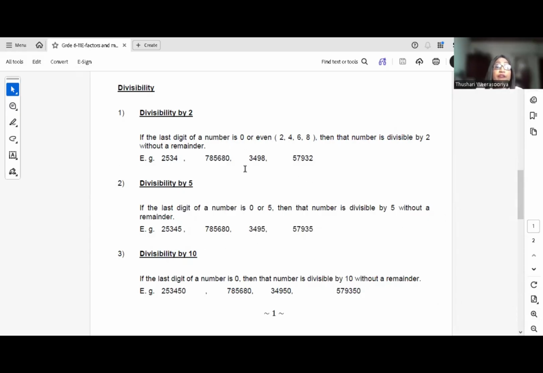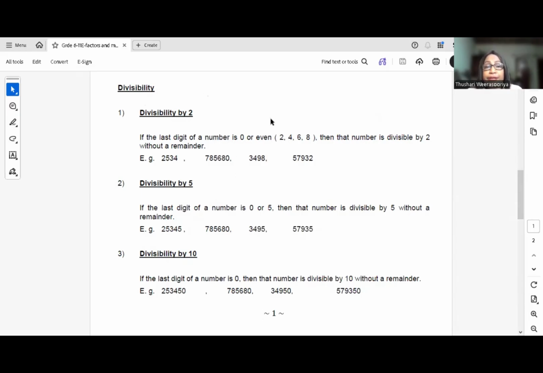Divisibility means we can tell without dividing, just by looking at the number. See, fortune tellers, what do they do? They look at your palm or face. This child is a good child. When you grow up, you will be a beautiful girl and you will be very rich and very good. Like that, they will tell by looking at the palm.